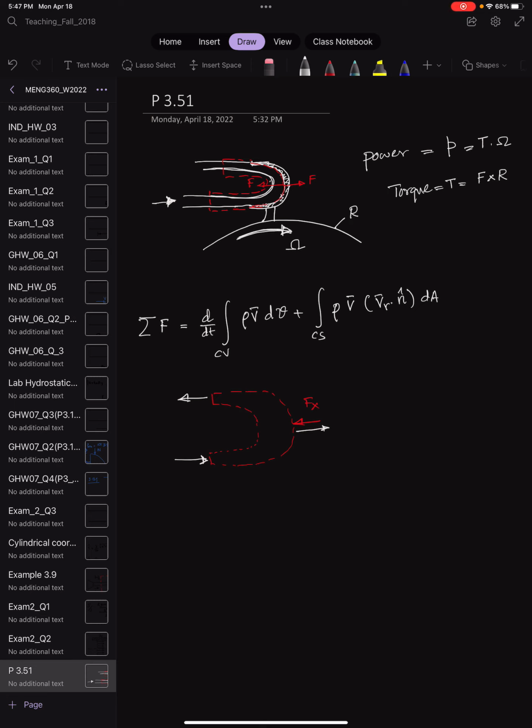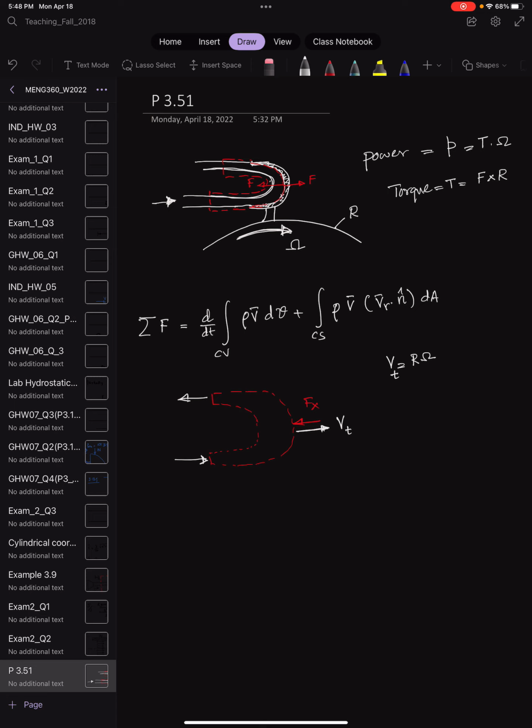So what is the linear velocity at this instant? The linear velocity is given by v equals r omega. Let's call this Vt, the linear velocity of the turbine, which is the velocity of the control volume, which is moving.